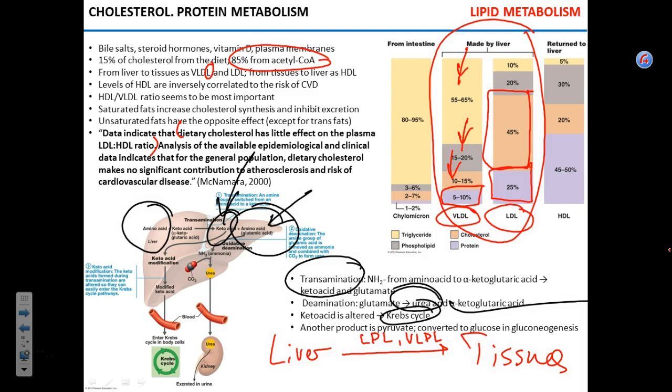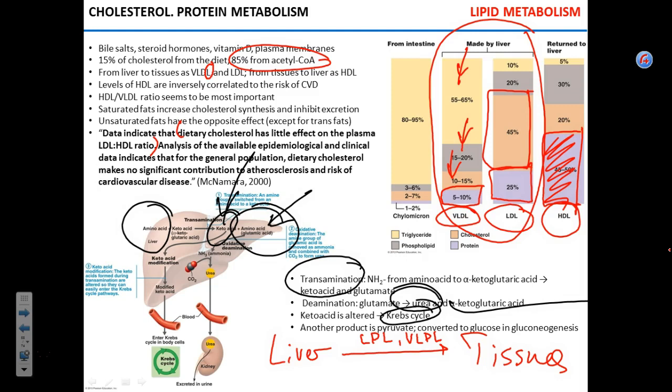No. They will send some back to the liver. And they will send it back in the form of high-density lipoproteins. High-density lipoproteins have high density because they have a lot of protein and very little fat, sent back to the liver. Does it make sense?